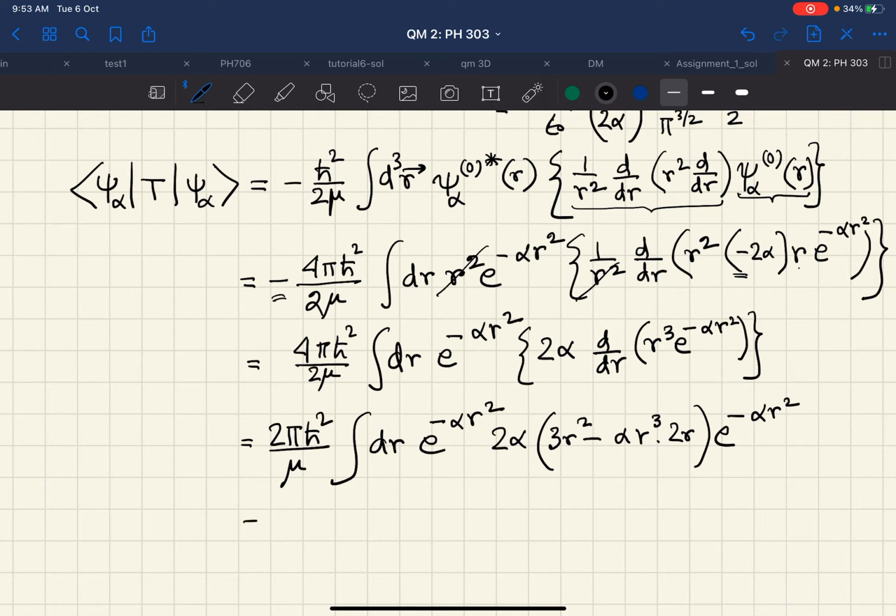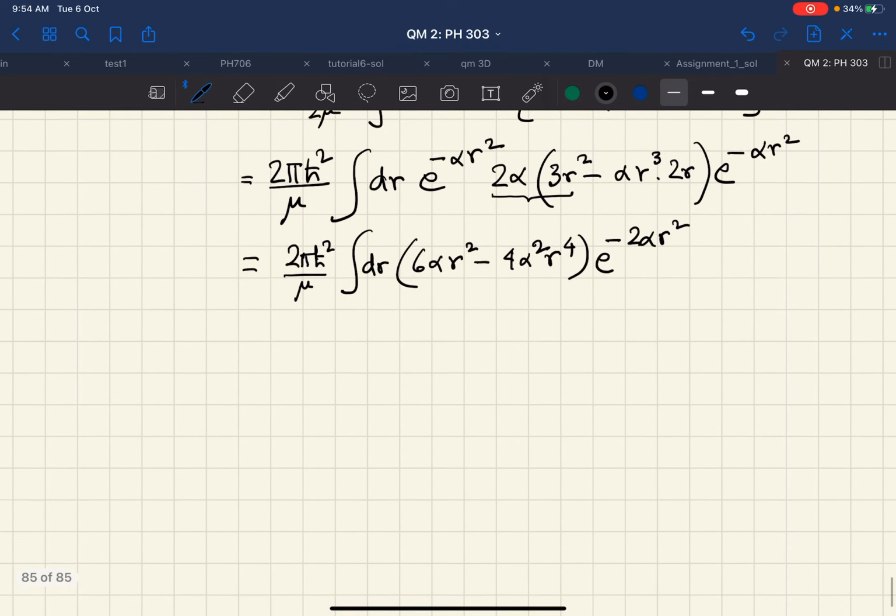If we simplify this further, this is going to give us 2 pi h cross square by mu. This term is leading us to 6 alpha r square. This term is leading us to 4 alpha square r to the power 4, and there is another factor of e to the power minus 2 alpha r square, and we have an integration over dr.